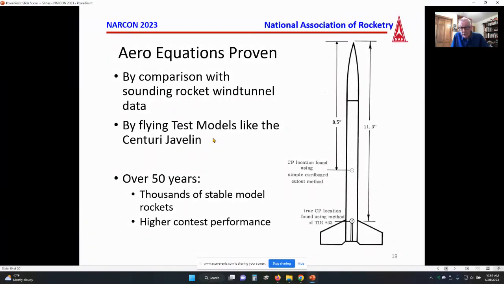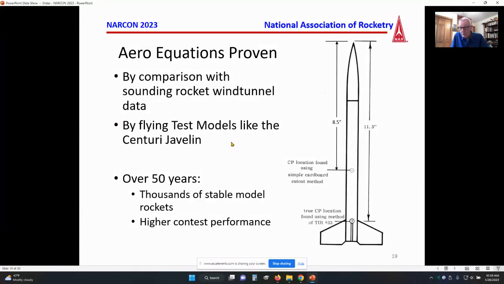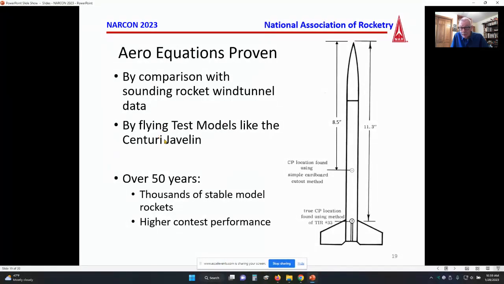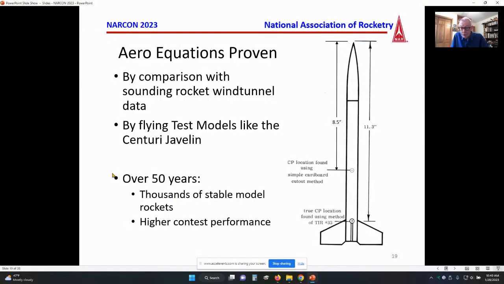They've been test flown, and they were test flown as part of my development to make sure that they were okay, by flying a number of test models. One was the Century Javelin, which is kind of what this picture on the side represents. And then, of course, since then, over 50 years of flying rockets and thousands of stable model rocket flights have shown that these equations work just fine.